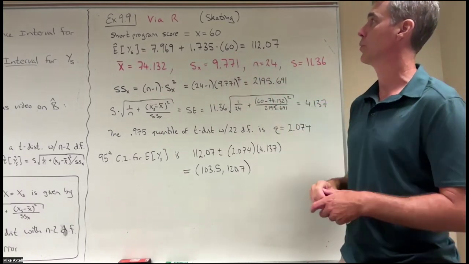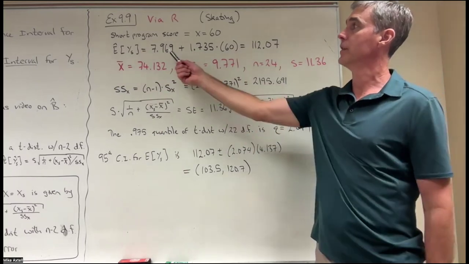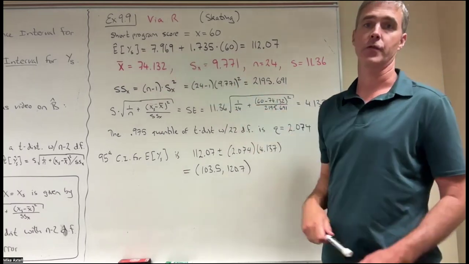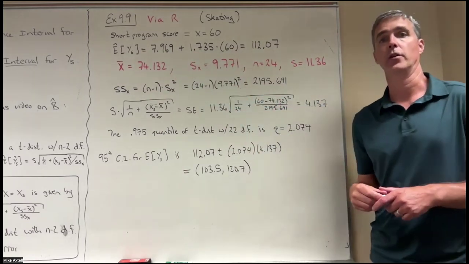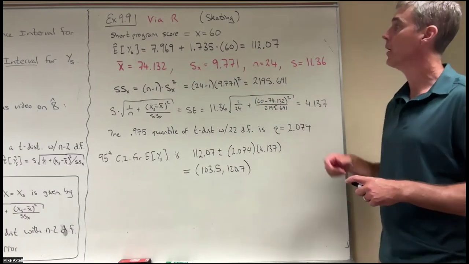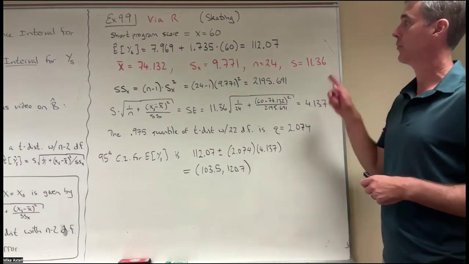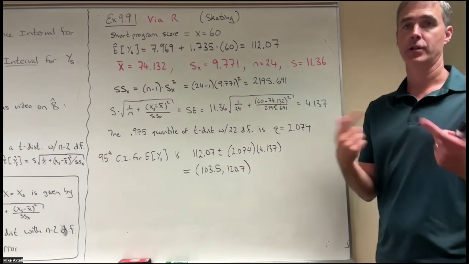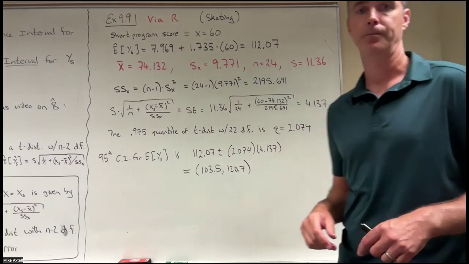And that gives us 112.07. So these are the maximum likelihood estimates for the parameters, the coefficients of our linear model, which we talked about before. All right, now to get that confidence interval, we're going to need these values in red. So let me switch over to R and show you how I got them.